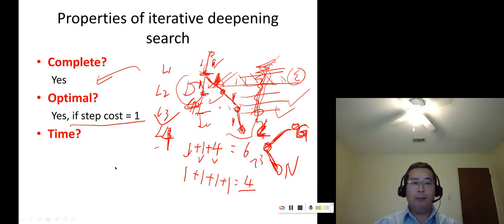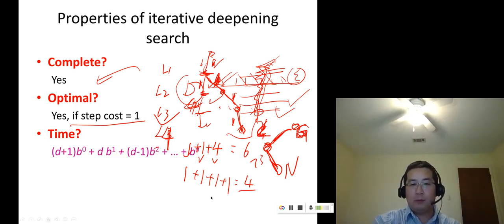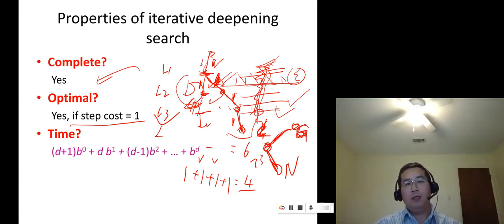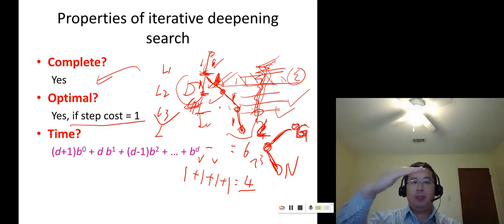And then time. For time, you can do the analysis by thinking about the expansion procedure. For example, you expand layer by layer, and the upper layers will be expanded more times, because each time you need to expand them again, right?